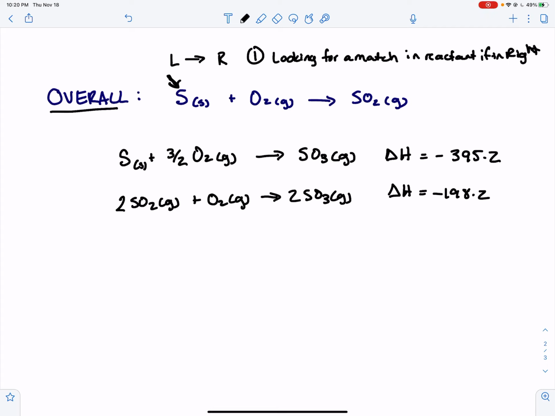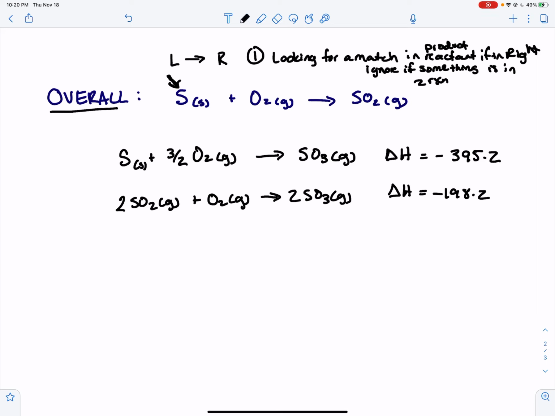And that also is in the products too, wherever it happens to be. See if it's the right place. You want to ignore it if something is in two reactions. Like this oxygen's in two, so don't even mess with the oxygen. It's going to fix itself.